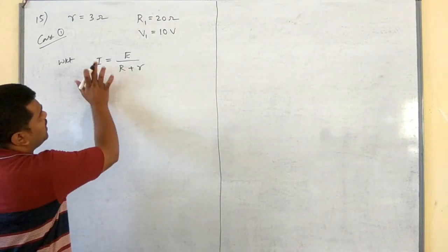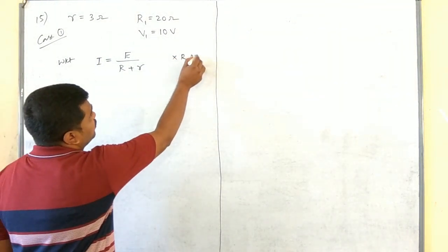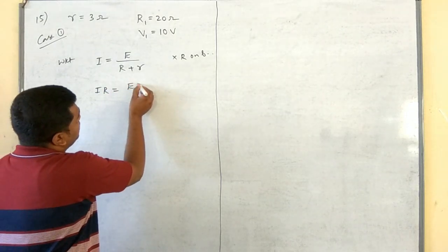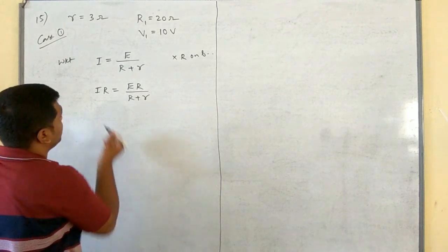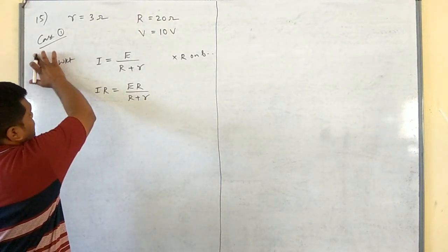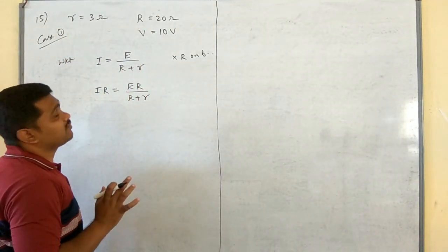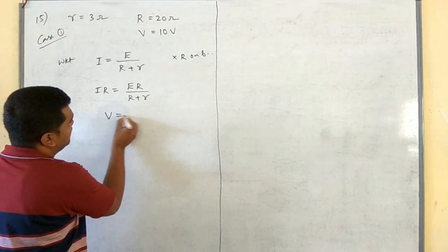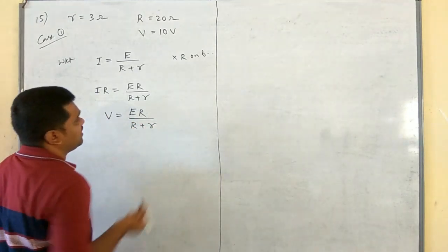Now, if you multiply this equation by R on both sides, you get IR is equal to ER divided by R plus r. Don't take this as R1 and R2; once you write it as case 1, no need to take those as R1 and V. Next, IR means V. V is equal to ER divided by R plus r.